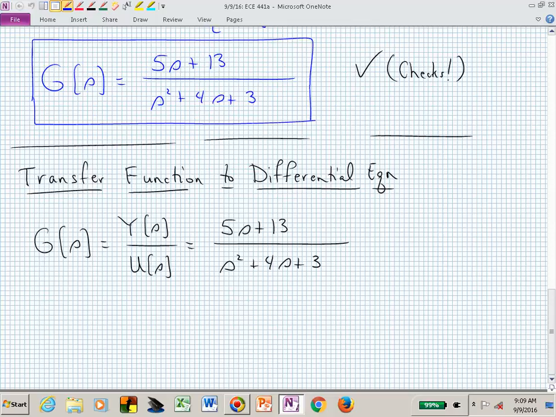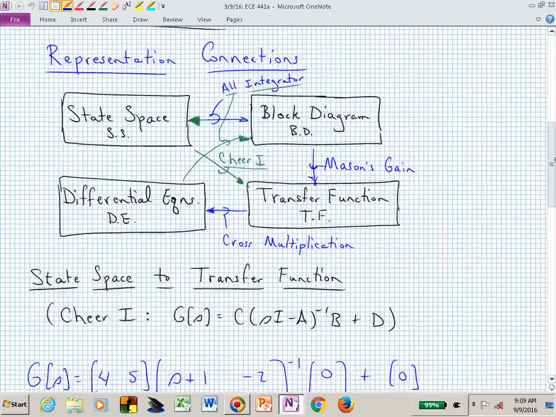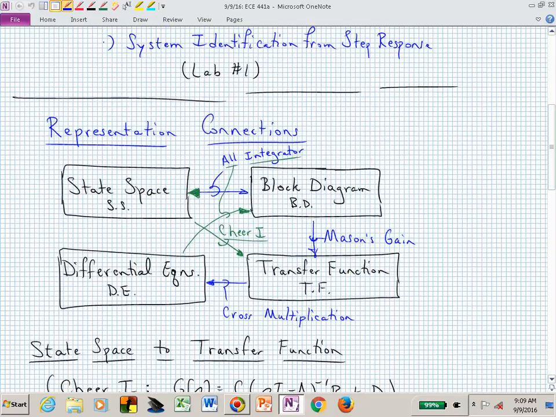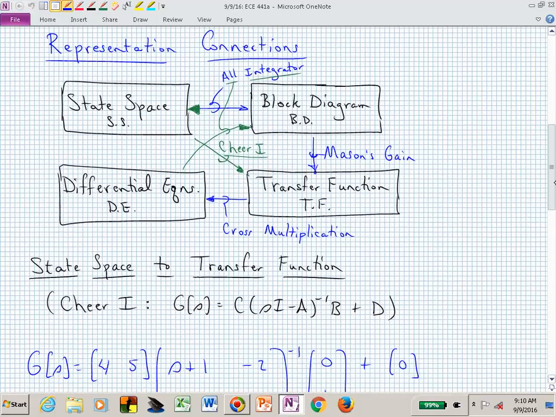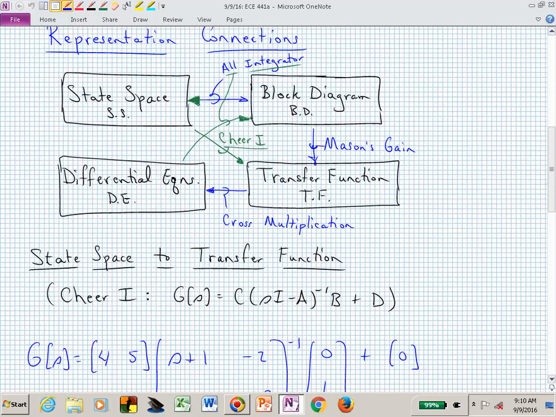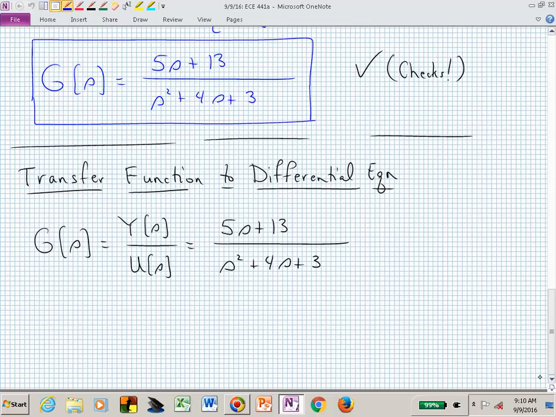Now what we want to do in this picture of these 4 different ways of representing a system, we want to move from the lower right transfer function to the lower left differential equation. What I say to make that connection is to simply do cross multiplication.